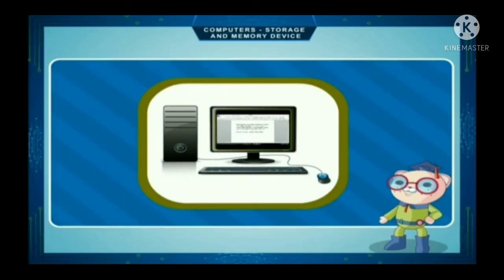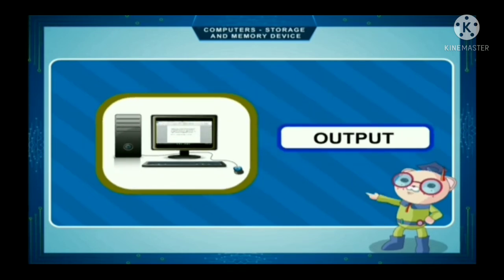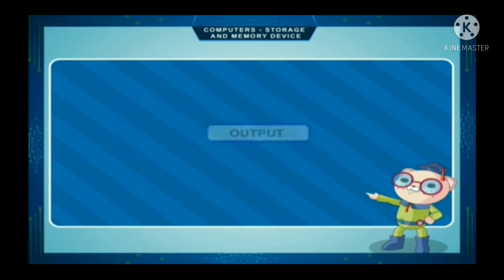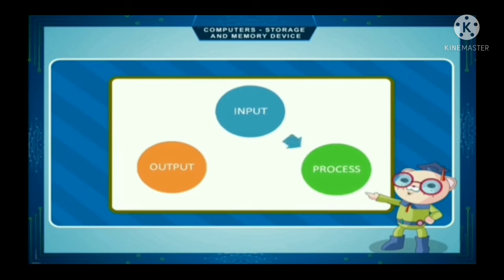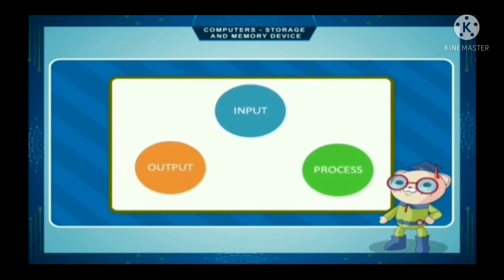We input data and instructions in the computer. It processes according to our instructions and produces meaningful information called output. This output can again be input for further processing.